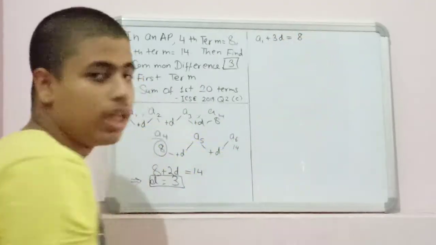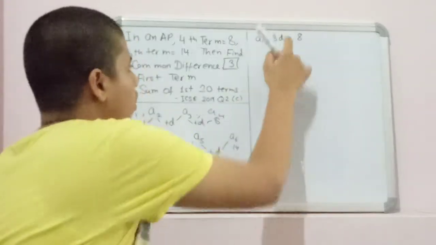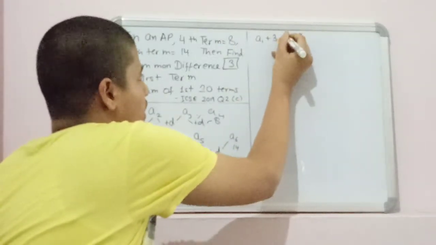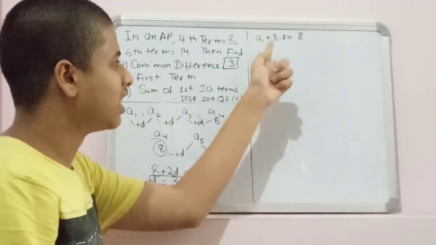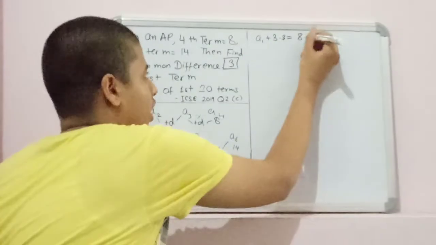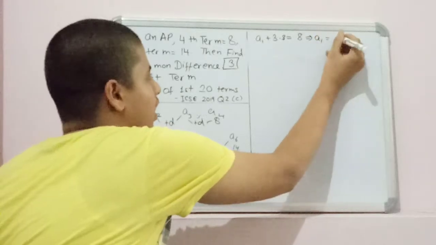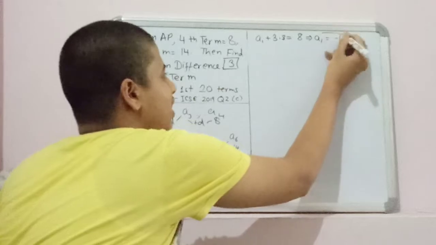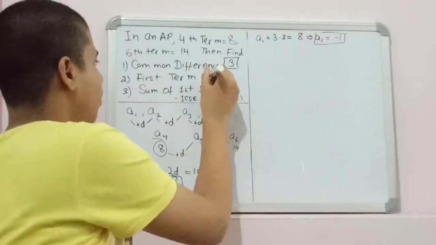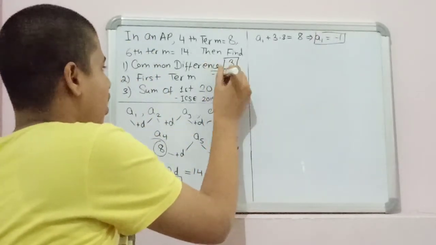That's what we know. We know what D is, that is 3. So now we can figure out A1 by simply solving this simple linear equation in one variable. So A1 is 8 minus 9, that's negative 1. Okay, very nice. We found the first term, that's negative 1.